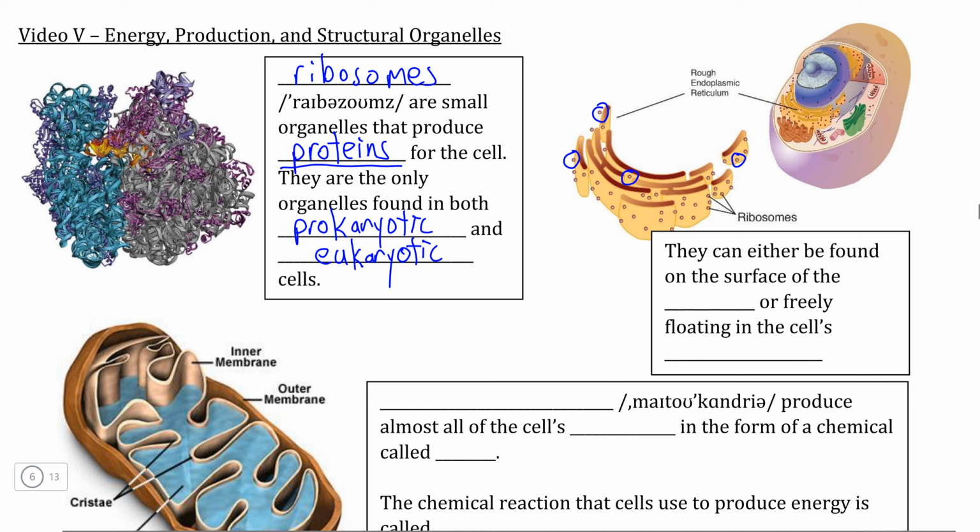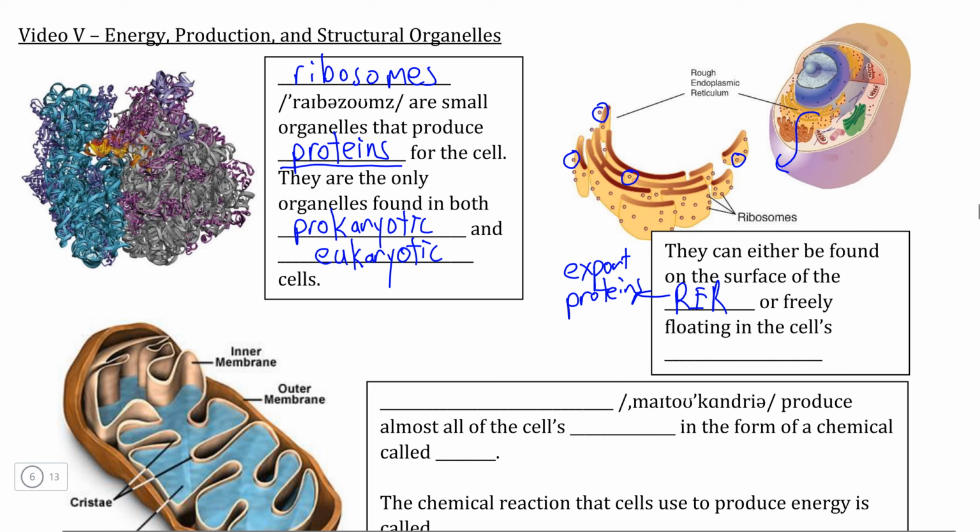Now, the ribosomes that you've been introduced to are the ones that are located on the rough endoplasmic reticulum, and these ribosomes, as we've mentioned previously, are the ones that primarily produce export proteins, meaning proteins that have function outside of the cell.